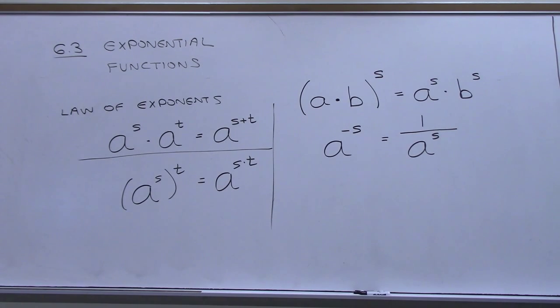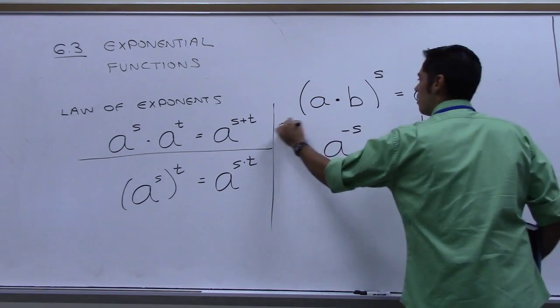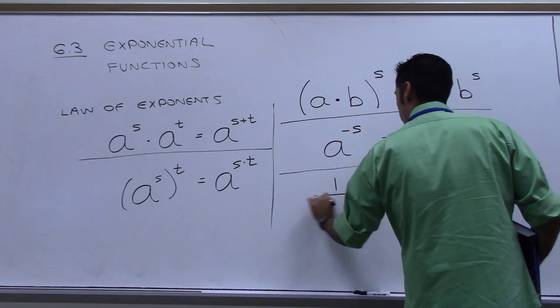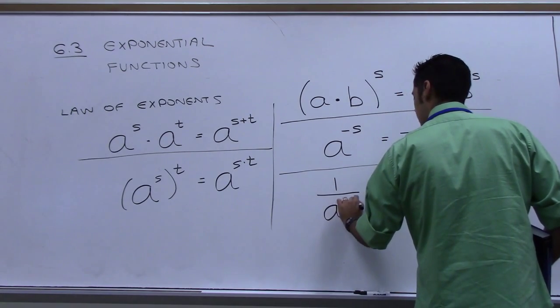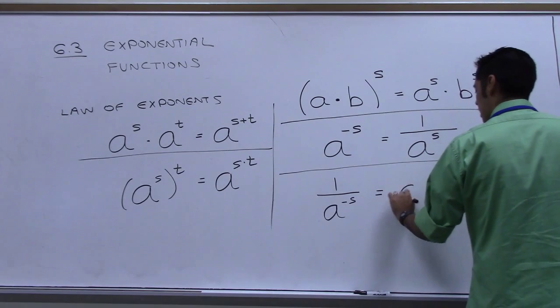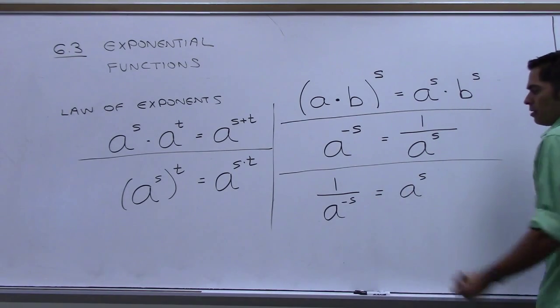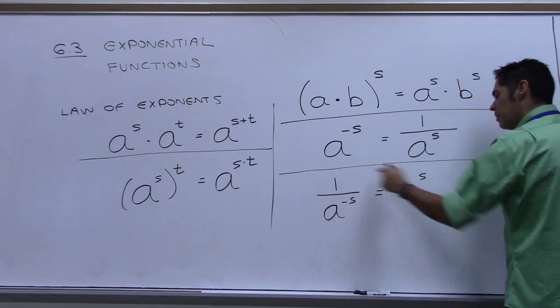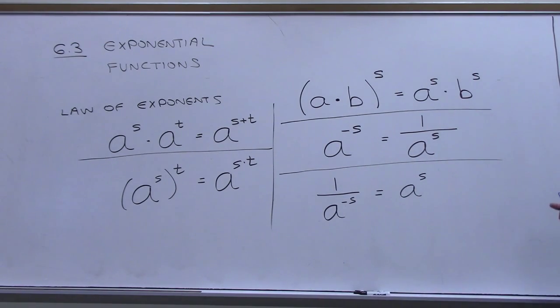Something raised to a negative, it drops down. What if you have something that's negative on the bottom already? Like something raised to a negative power on the bottom. You can bring it up, right? So this property could also be written this way. If you have 1 over a to the negative s, this is just a to the s. So if you already have a fraction and you have something to a negative power, you can bring that up, and then it just becomes a to the s.